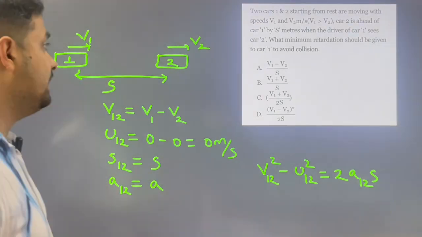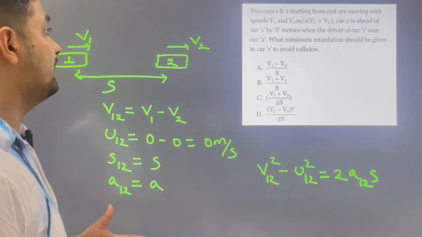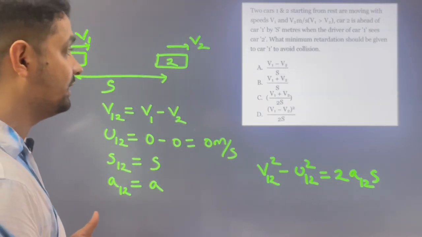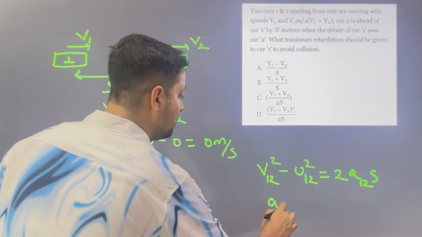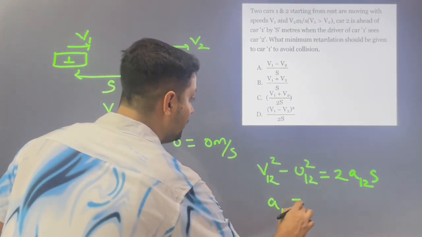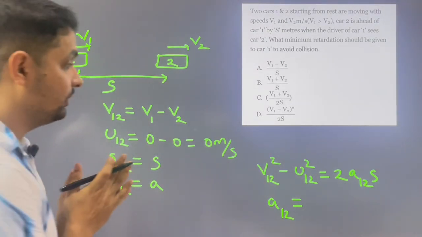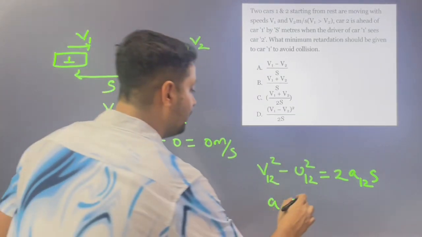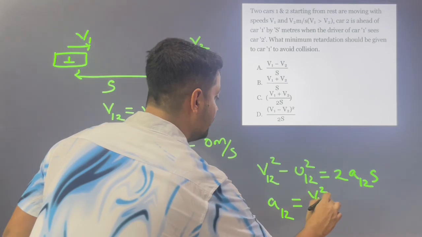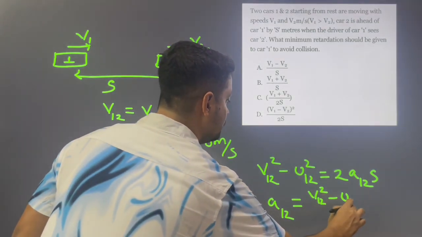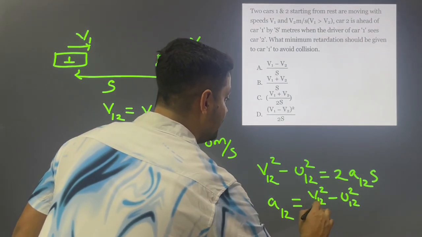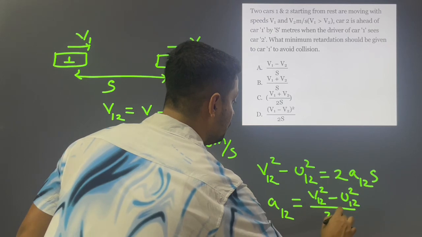Our objective is to find the minimum retardation, meaning the relative acceleration a12, so that the collision will be avoided. It means that it just covers the s displacement. So a12 can be written as v12 square minus u12 square divided by 2s.